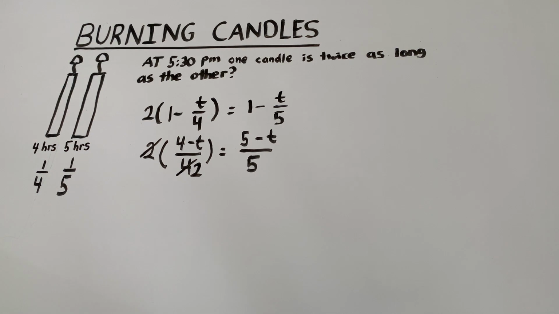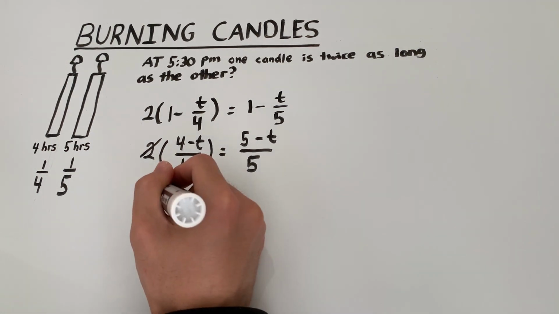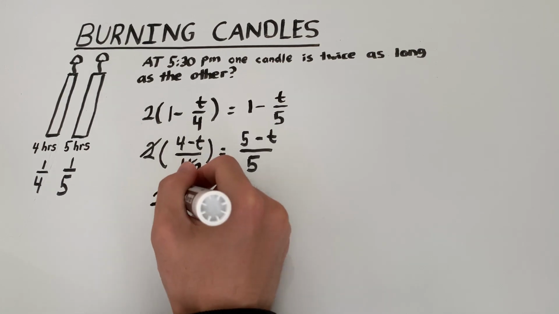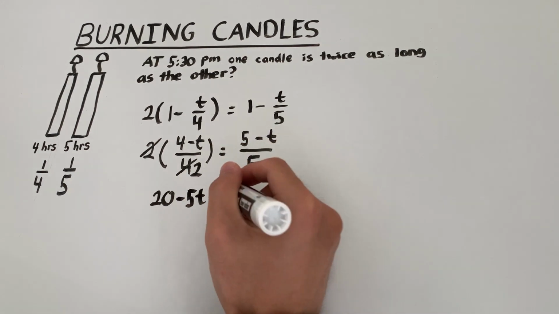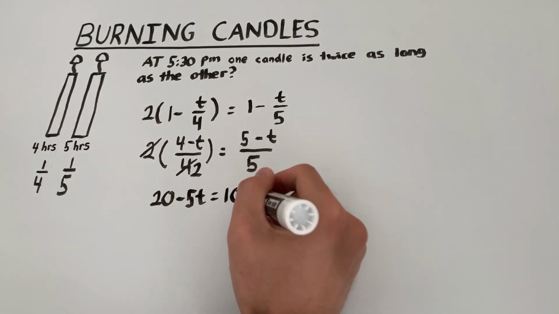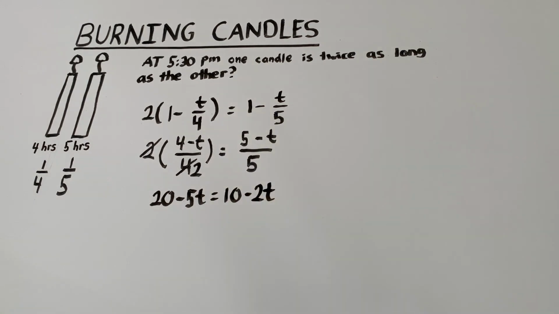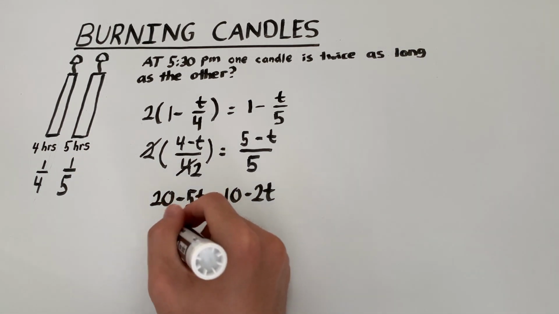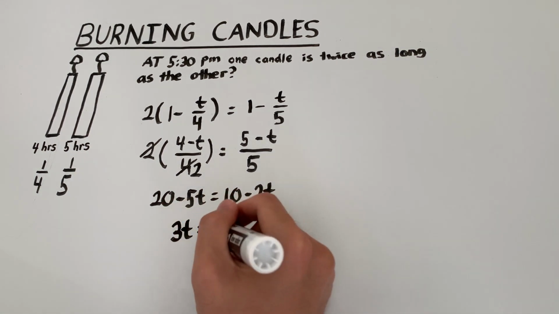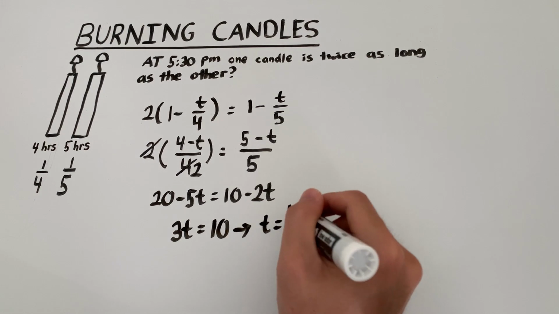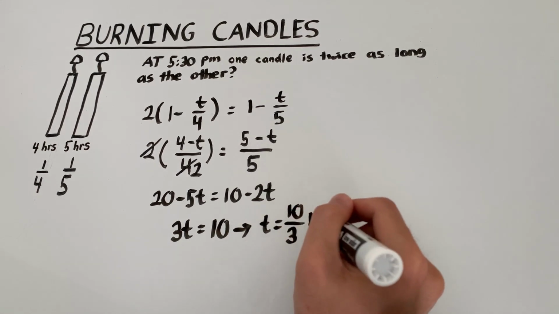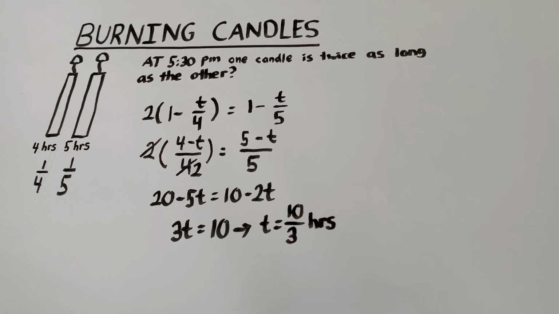From here, we're going to cross multiply everything. And we get that T equals 10 over 3 hours.